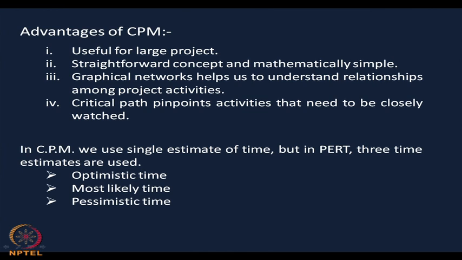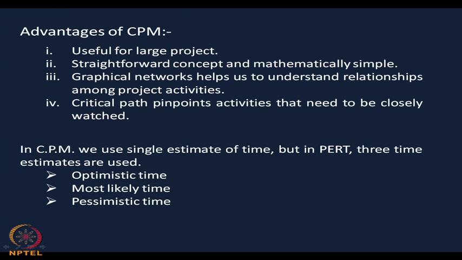Graphical network helps us to understand the relationship among the project activities, that is the nodes are there, and among the nodes what are the different relationships, what are the critical activities, that thing we were finding out easily through CPM. And the last point is critical path pinpoints the activities that need to be closely watched.